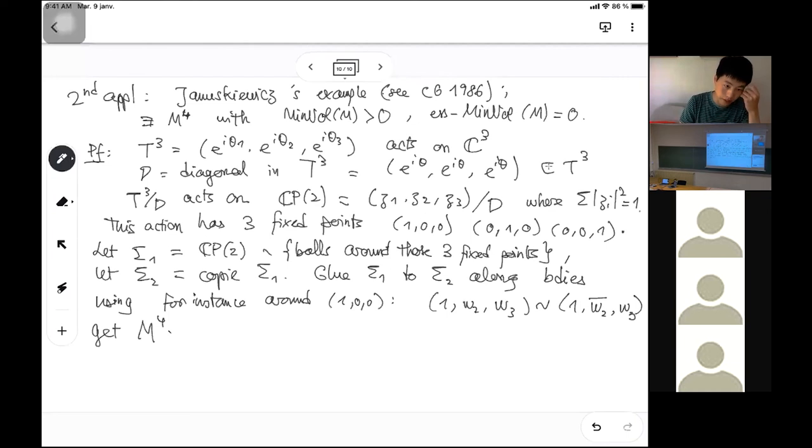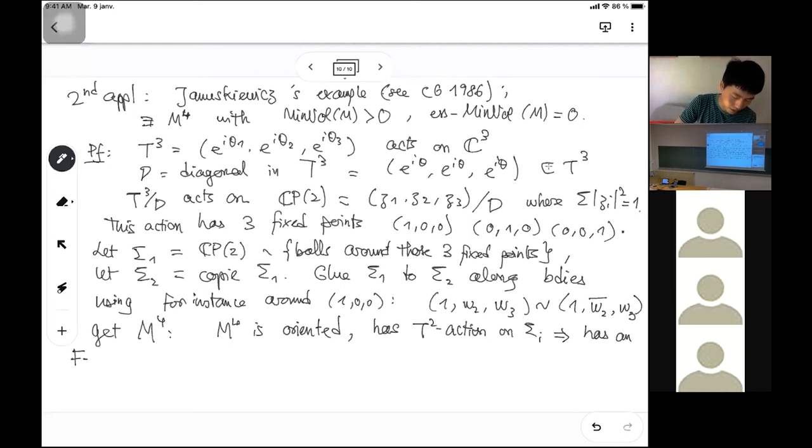M is an oriented manifold. And it has a T2 action on sigma 1 and sigma 2, so they glue together to give an F structure on M, an F structure of positive rank.